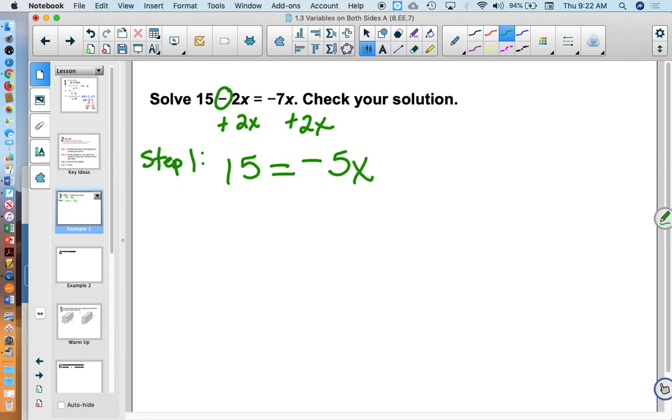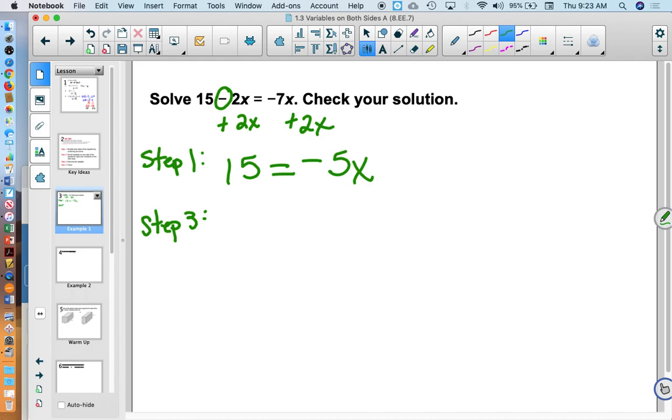Okay, so I did my step one. Do I need to do a step two in this case? Do I need to simplify both sides of the equation? No, it's already simplified, isn't it? Okay, so I can skip step two and go on to step three. Step three is solving for x.